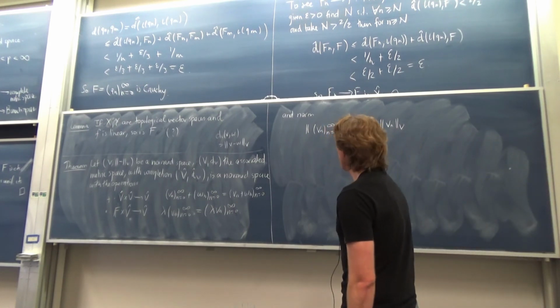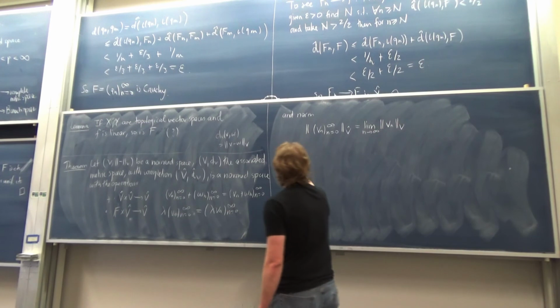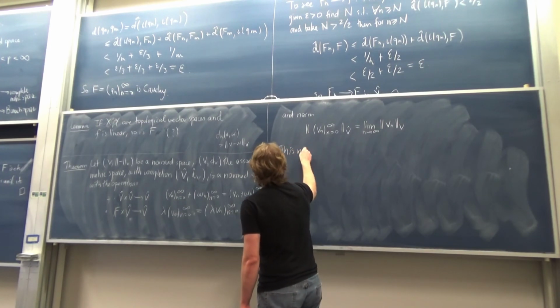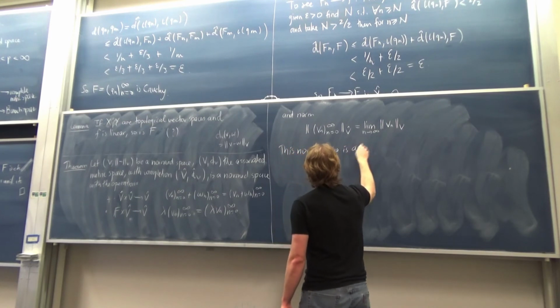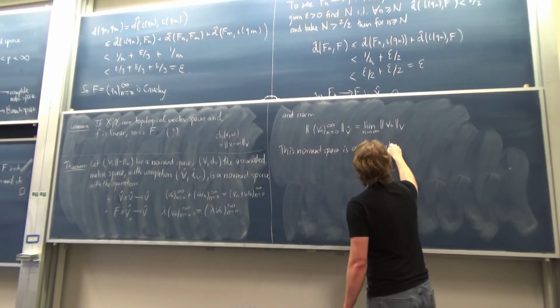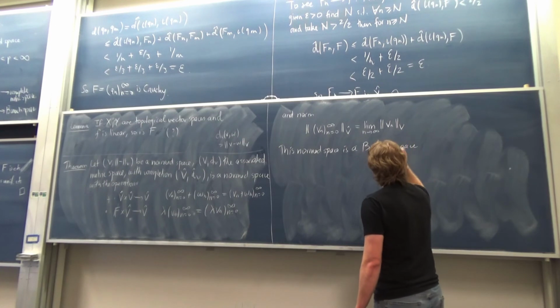So that's a normed space. This normed space is a Banach space. That is, it's complete.